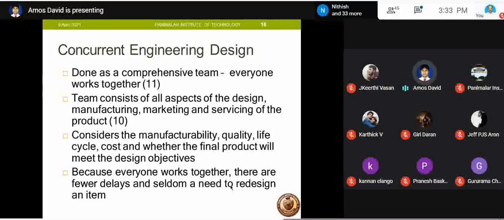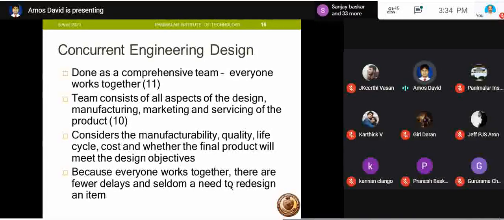If you have seen Hyundai, for every 2 years they are releasing a car. Did you notice that? You might have seen those advertisements on TV and all. Every 2 years they're coming up with a car.